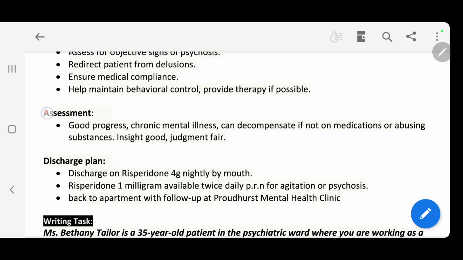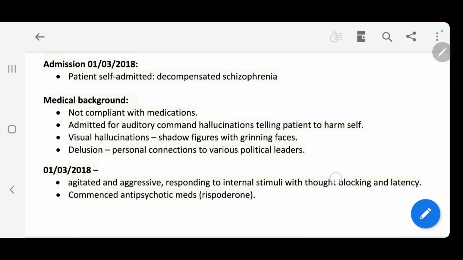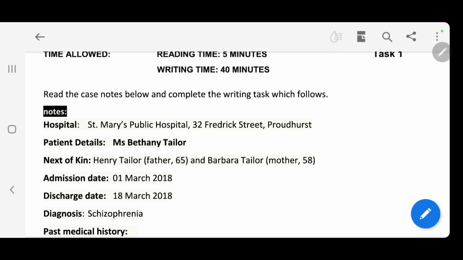As you can see, this is a letter of discharge, so we have a discharge plan to be followed, but the patient has improved after getting the treatment. Now we can start from the case note from top to bottom. As we are writing this letter to the primary care physician, this detail will not be relevant.